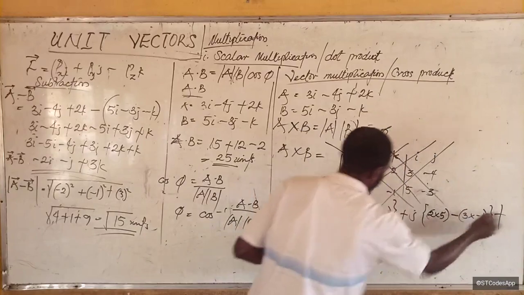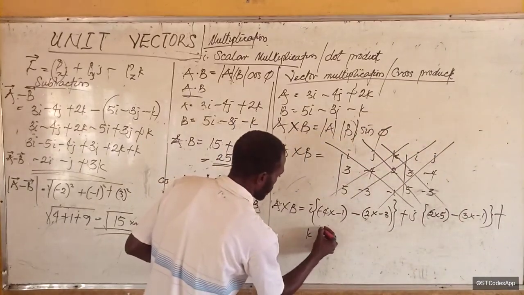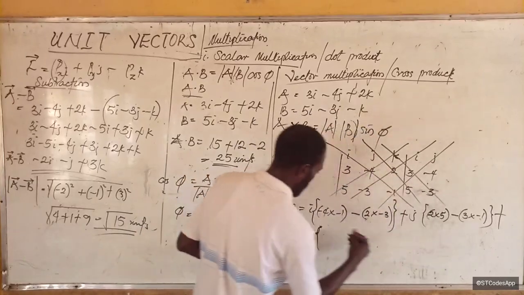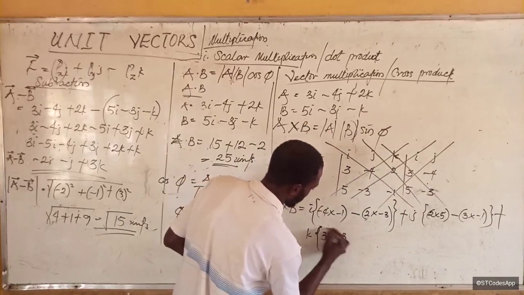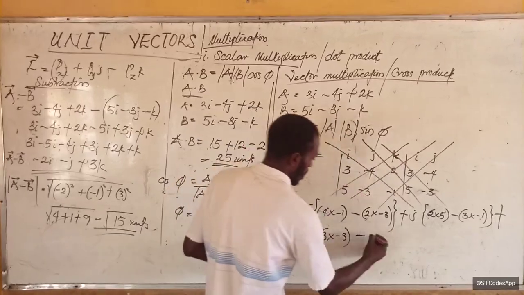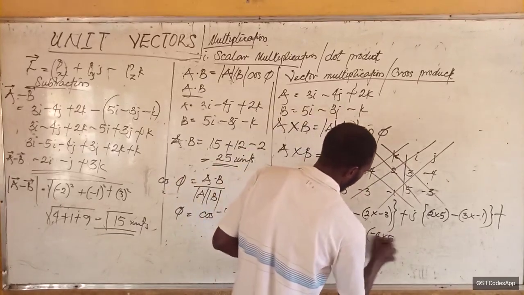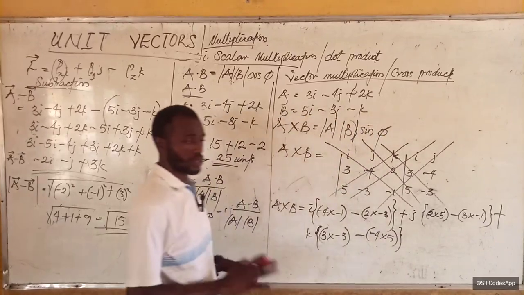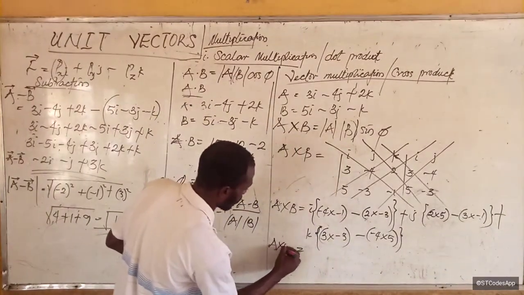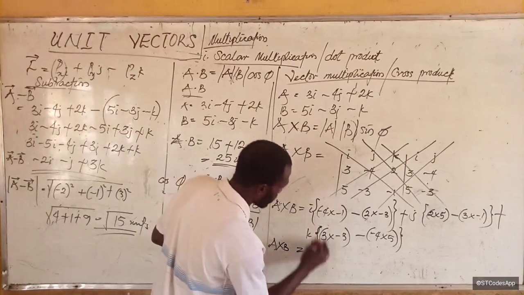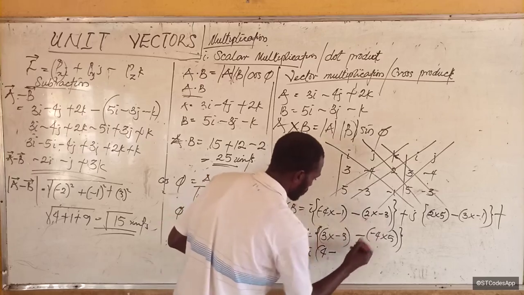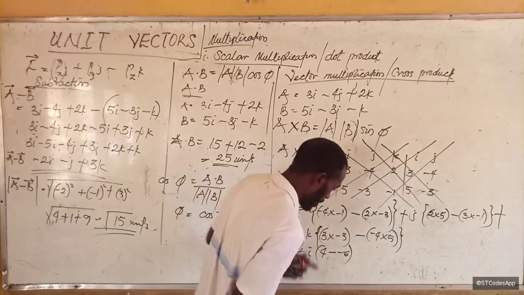And then plus again, for the K, we go under K in this direction, we have 3 and -3, 3 times -3, and minus, we go under the same K and come here, -4 times 5. Just follow me step by step, and I promise you're going to get it really well. So we now have A cross B, therefore, becomes I into bracket -4 times -1, that is 4, minus this times is -6. You can write it there.